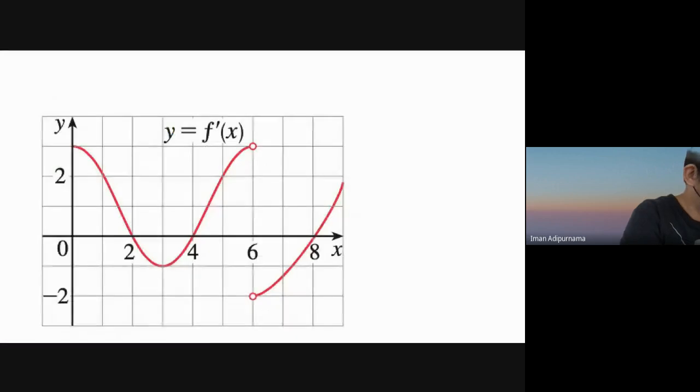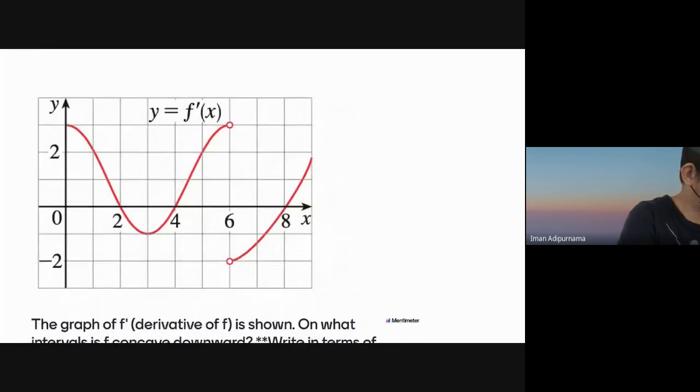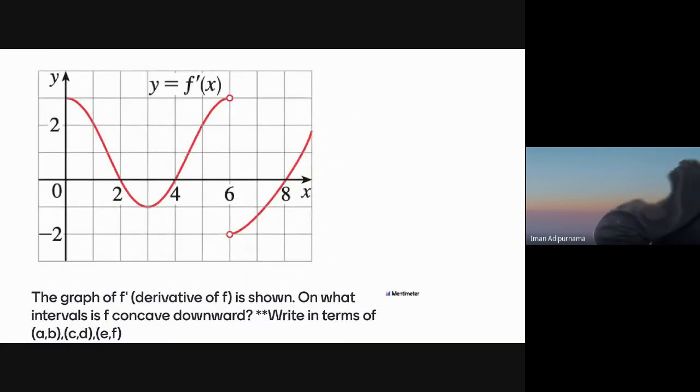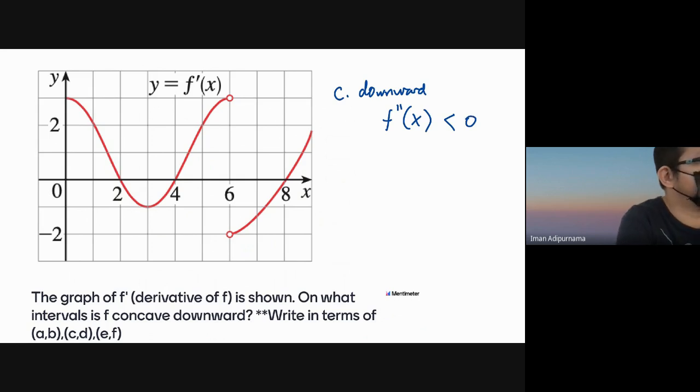The next question is about a graph of f prime, the derivative of f. On what intervals is the function concave downward? So we need to find where concave downward, which means f double prime negative.